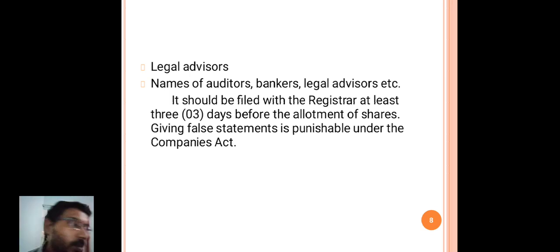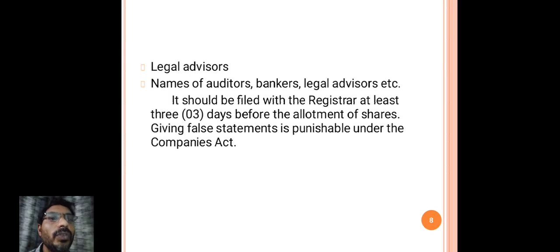The statement in lieu of prospectus should be filed 3 days before the allotment of shares. Giving false statements is punishable under the Companies Act.